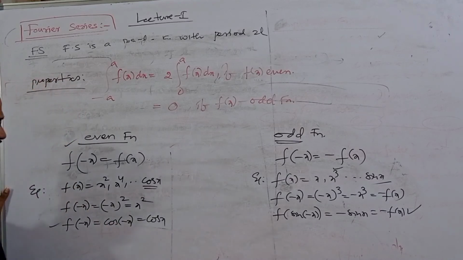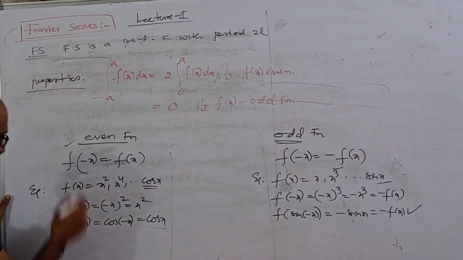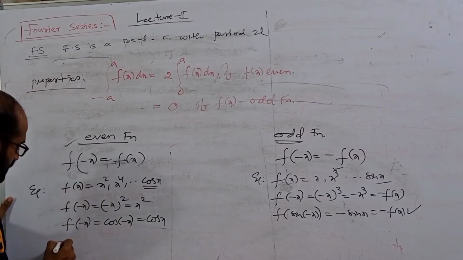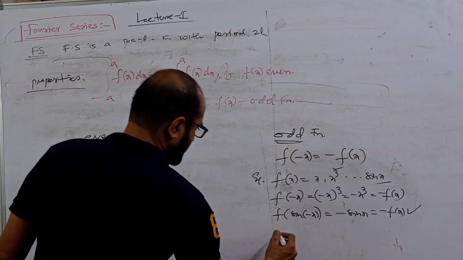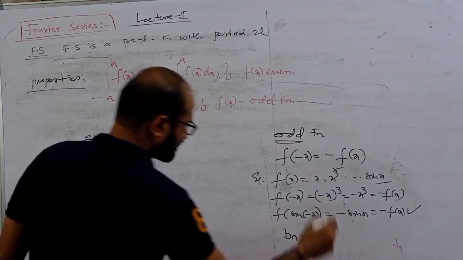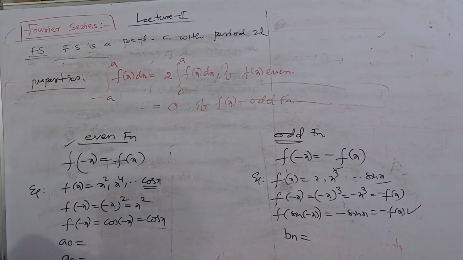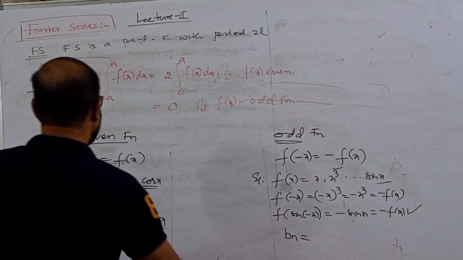If it is an even function, in your Fourier series we can find only a naught value and an values only. If f of x is an odd function, you will have only bn, right? Let us see here.